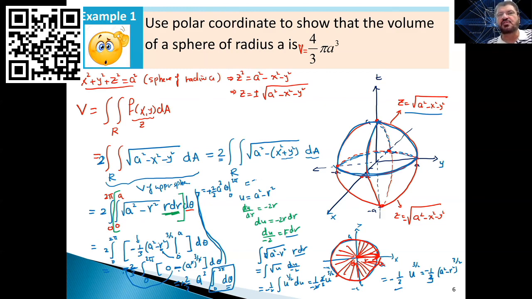Now put 2 pi minus 0, the top minus the bottom, which is equal to 2 pi. 2 pi times 2/3 is 4/3 pi a cubed. And this is exactly the volume of the sphere. Okay, so this is how you find the volume of the sphere.